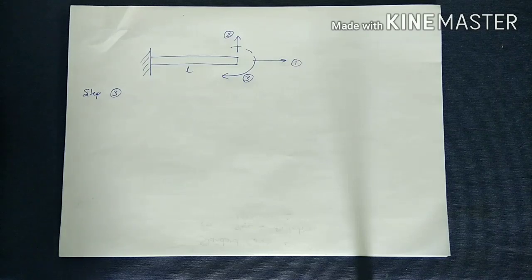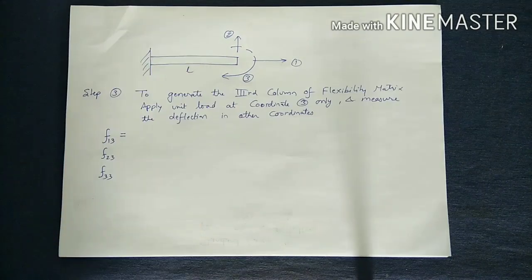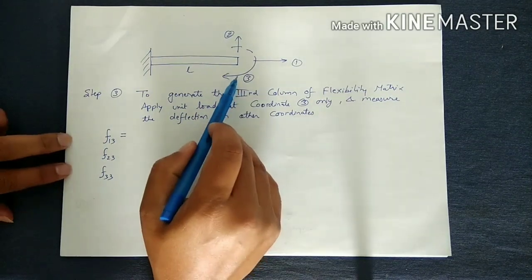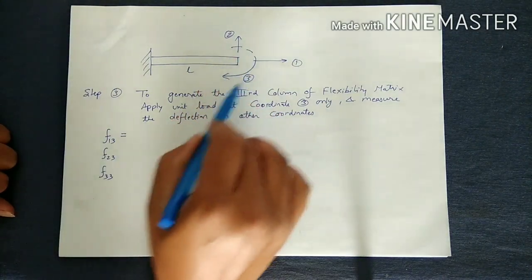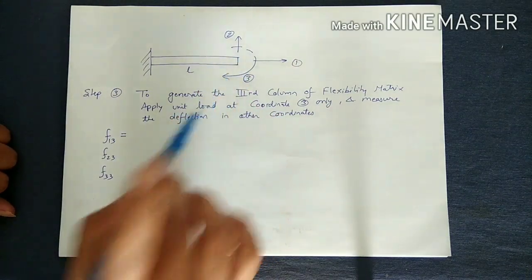So let's go to generate the third column of the flexibility matrix. To generate the third column, apply unit load at coordinate 3 only and measure the deflection in all other coordinates. So flexibility at 1 when unit moment is applied at 3. Since the couple sign is there, we have to apply unit moment.